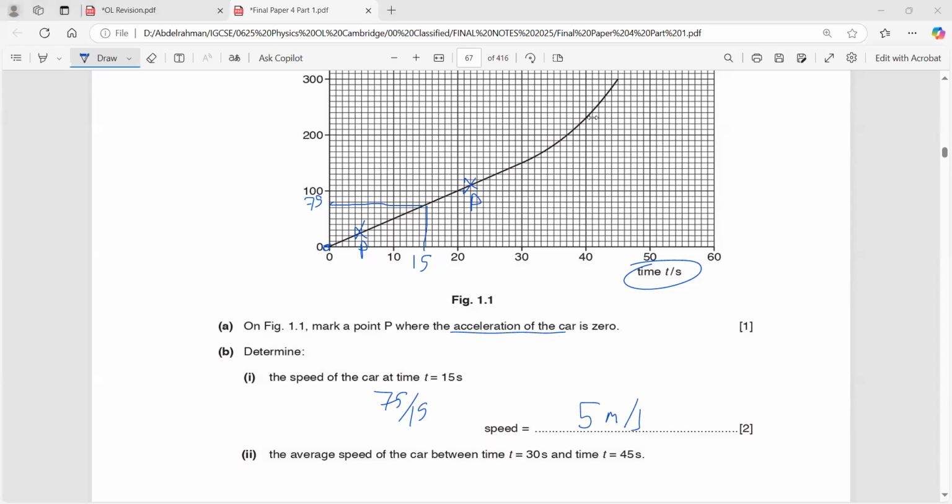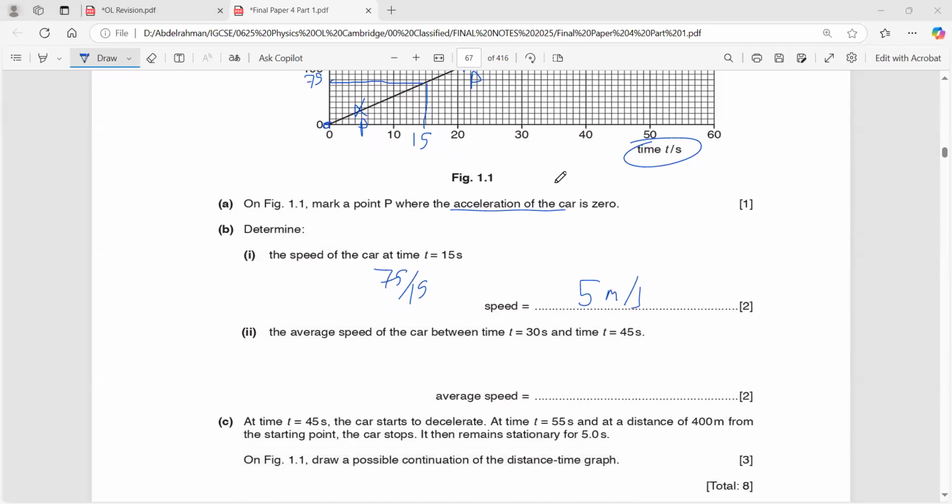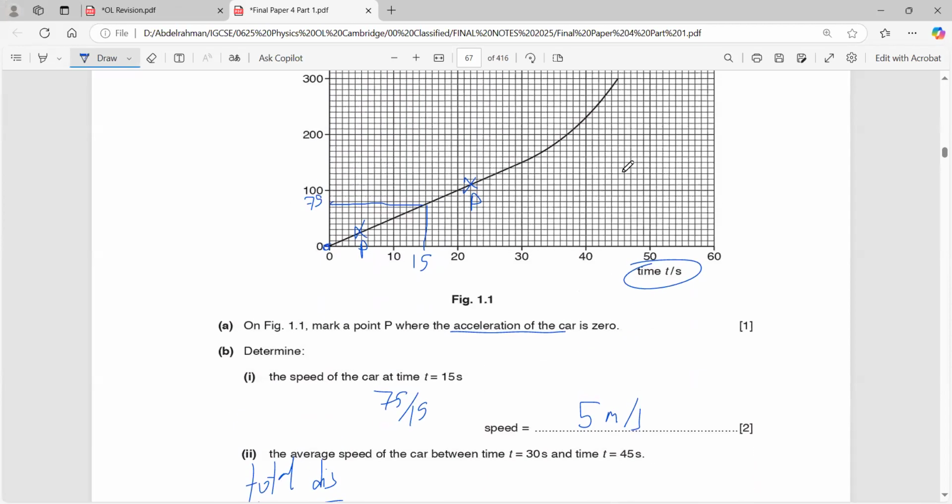The average speed of the car between time 30 and time 45. What is the average speed? When he says average speed, it means total distance over total time. What is the total distance and the total time? Only between 30 and 45.